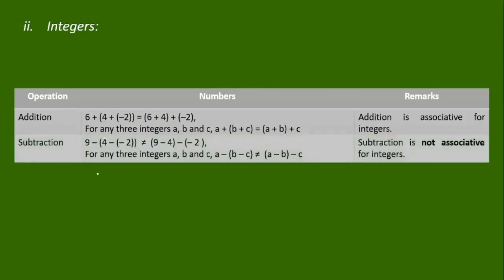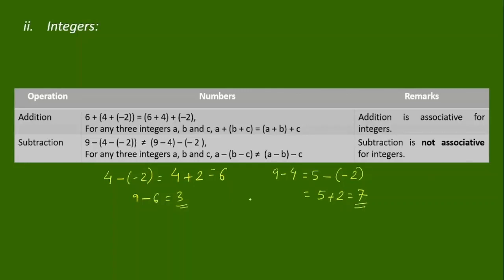Now here we have 9 minus (4 minus minus 2). Now 4 minus minus 2 can be written as 4 plus 2, so that is equal to 6. Okay, so 9 minus 6 is equal to 3. So this is my LHS. Now on the RHS I am having 9 minus 4 minus minus 2, which gives 7. So we can see that here we are getting 3 and here we are getting 7.